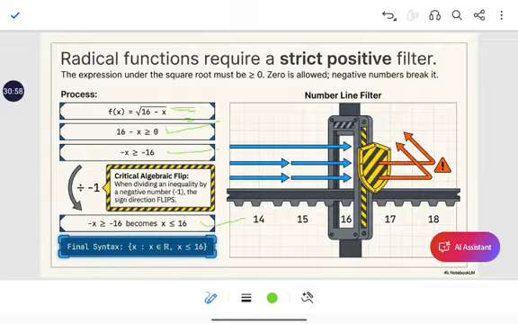If I put less than 16, like 15, 14, negative 20, if the value is less than 16 or equal to 16, the function will be defined. If not, the function will be undefined. So we say that x is a member of real numbers, x is less or equal to 16.